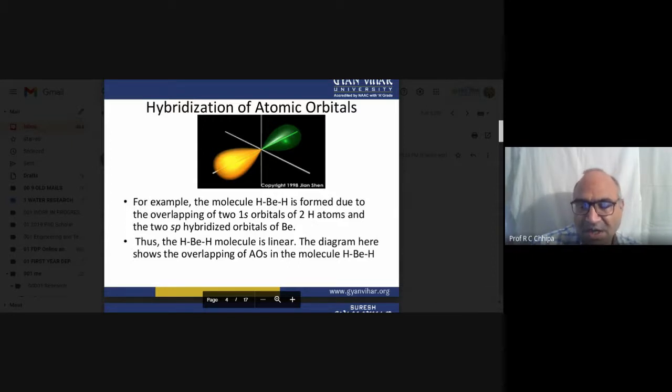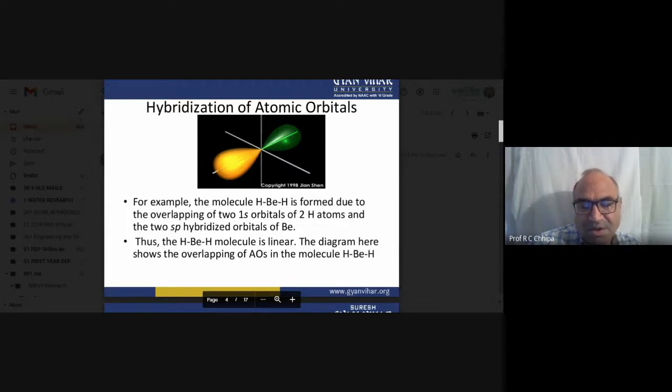Atomic orbitals are converted into hybrid orbitals. In the hybrid orbital, the characters of the s atomic orbital and 2px atomic orbital remain there. So that is the character.